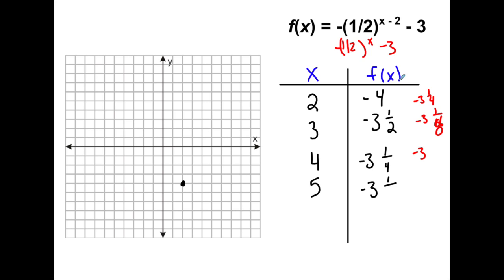Because 5 minus 2 is 3, 1/2 to the 3rd is an 8th. It's actually good because it let me correct a couple of potential issues I had there. An 8th.